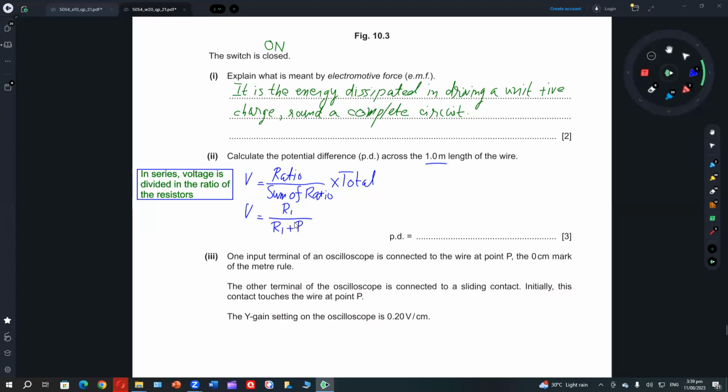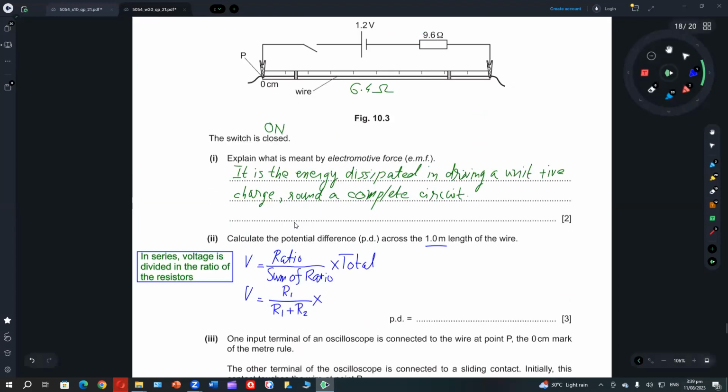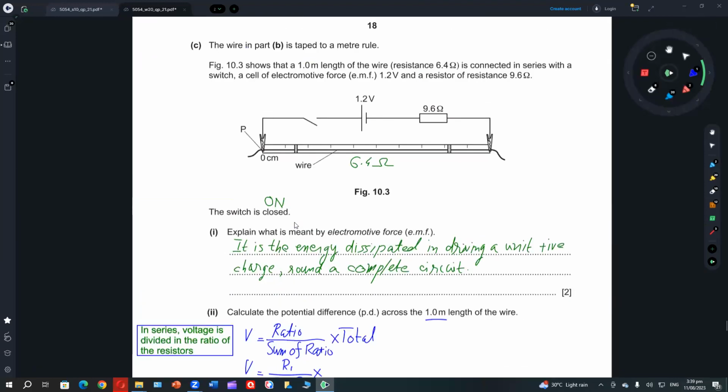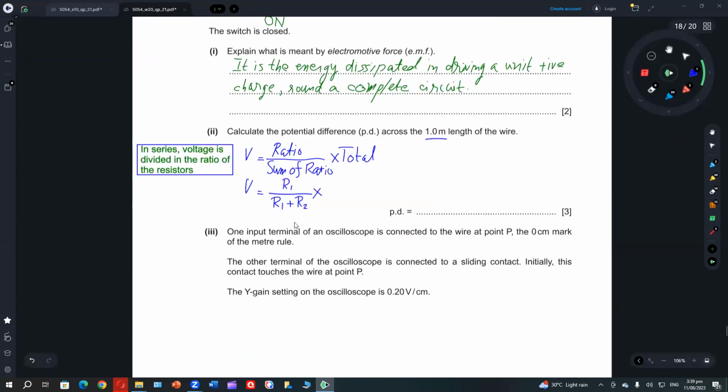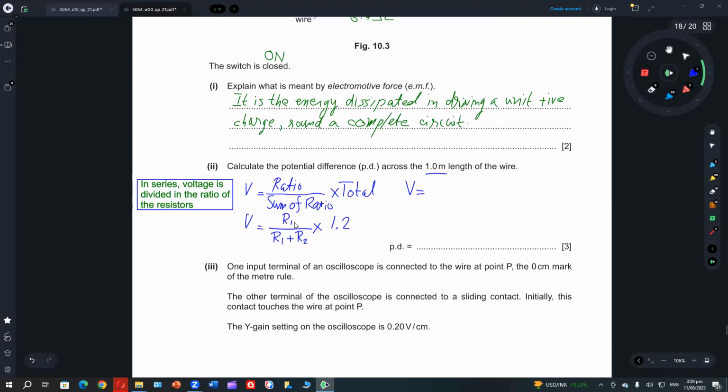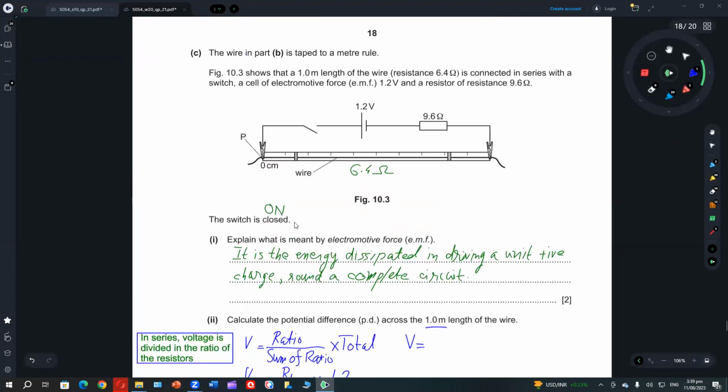I will be showing the formula in simple form like this. What is the total voltage in the circuit? 1.2. Very good. Now we have made the equation. Now put the values. Here is a very careful thing. You have to see what is the resistance of the 1 meter length of wire. There are two resistances shown. It is 6.4.